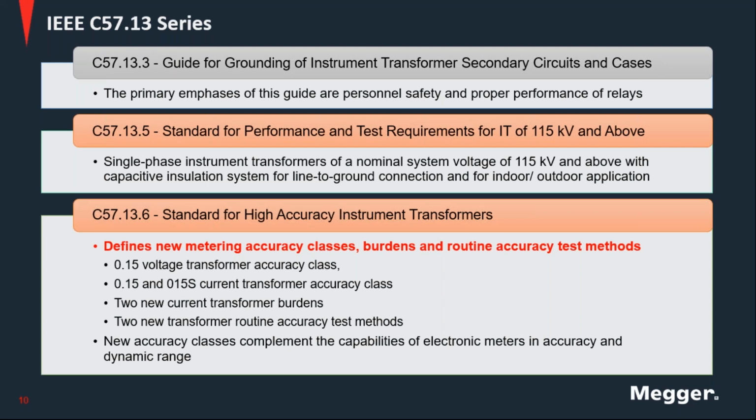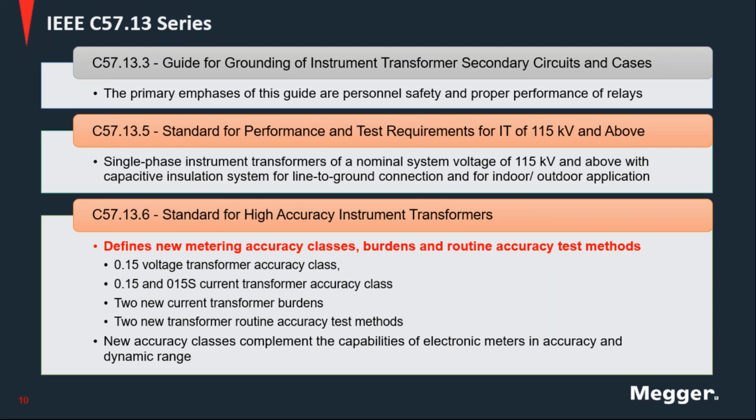That document brings these accuracy classes from a long time ago. Now we have electronic meters, and we have smaller burdens that connect to these CTs, and we need higher accuracy requirements. So this standard defines new metering accuracy classes, new burdens, and also new test methods. This is also a very important reference document for this topic.